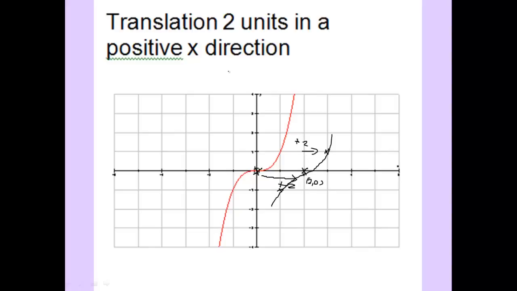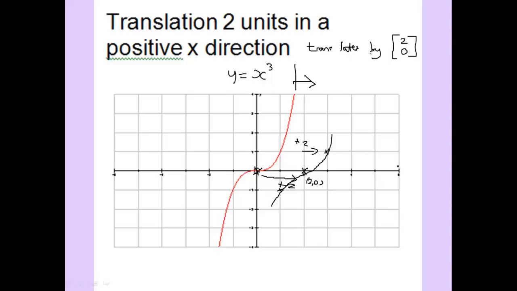This is the function y equals x cubed, and the effect that this translation has, and we'll describe it as translates by, and then I'm going to use a column vector to describe the movement in the X direction, which is +2, and it doesn't move in the Y direction, so we put a 0 there.